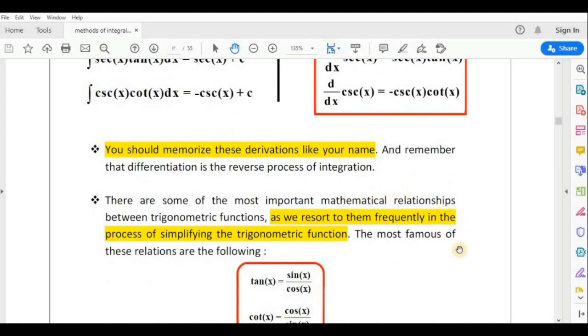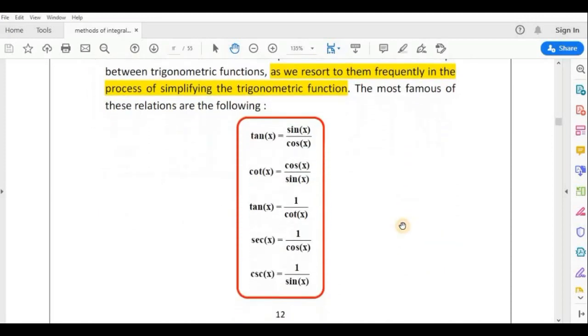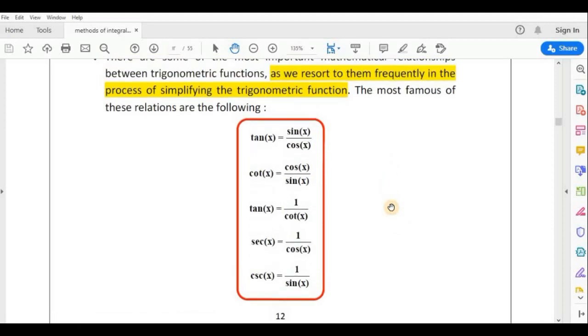There are some of the most important mathematical relationships between trigonometric functions. For simplification, this is an important formula that we need to memorize, because it will help us to simplify the function in case we need it.